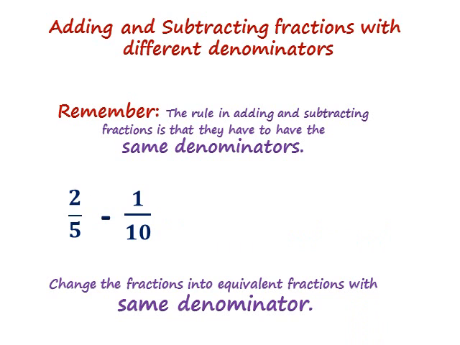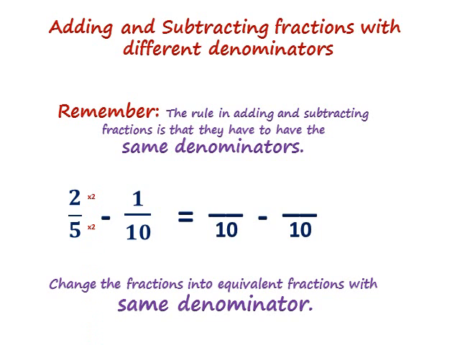Alright, so let's try this one. What is the least common denominator between 5 and 10, meaning a number that you can divide by both 5 and 10? That will be 10. So let's get the equivalent fraction of 2/5. What did you multiply 5 by to make it 10?